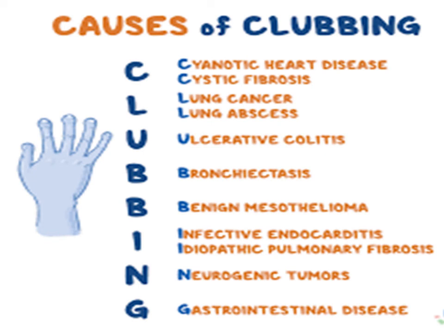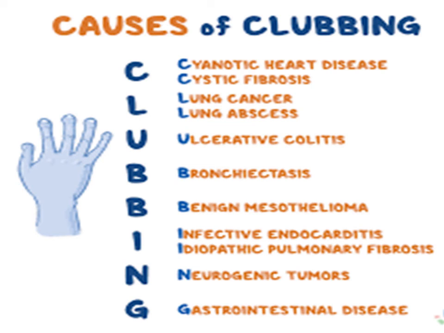There are multiple causes of clubbing, and the acronym CLUBBING is used to remember these causes. C stands for cyanotic heart diseases and cystic fibrosis. L for lung cancer, lung abscesses, lung empyema. U for ulcerative colitis.